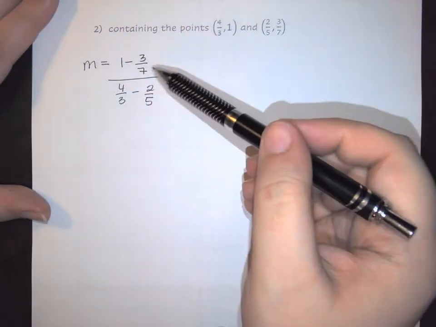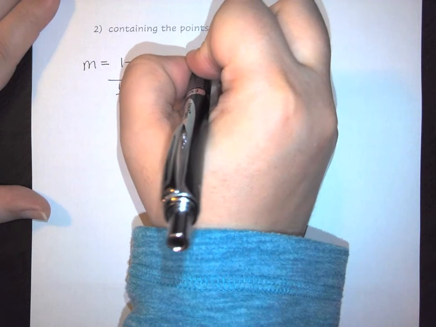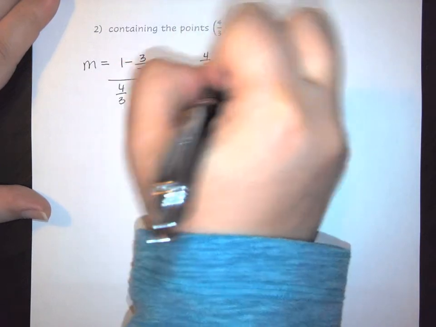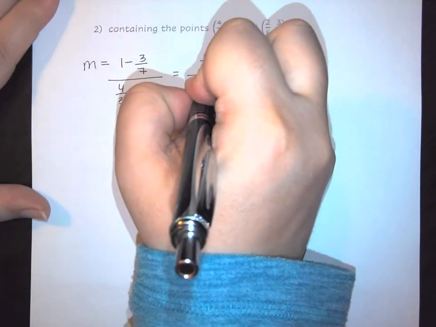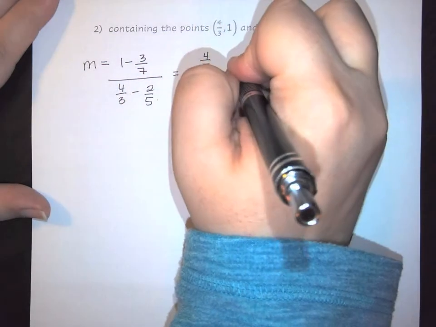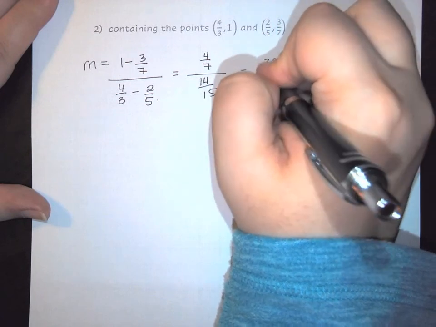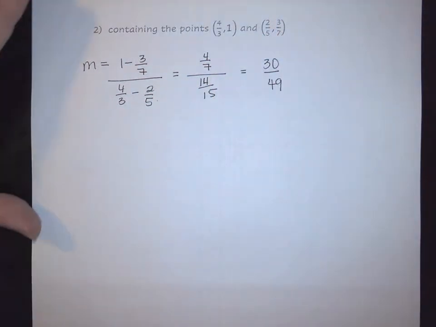You need to combine your fractions on the top and bottom in order to reduce down to get your slope. So here your top is going to become 4 over 7, and your bottom becomes 14 over 15. If we continue reducing, we're going to end up with 30 over 49.